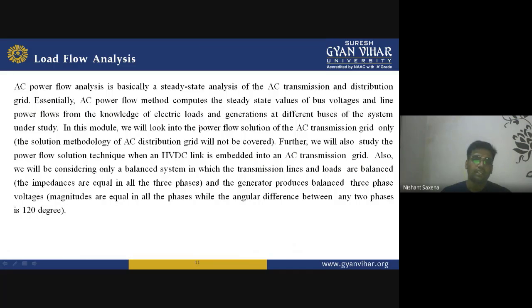Along with that, we will be able to find the losses of the transmission lines. So by determining the voltages and angles at each bus, we will be able to find the other parameters.